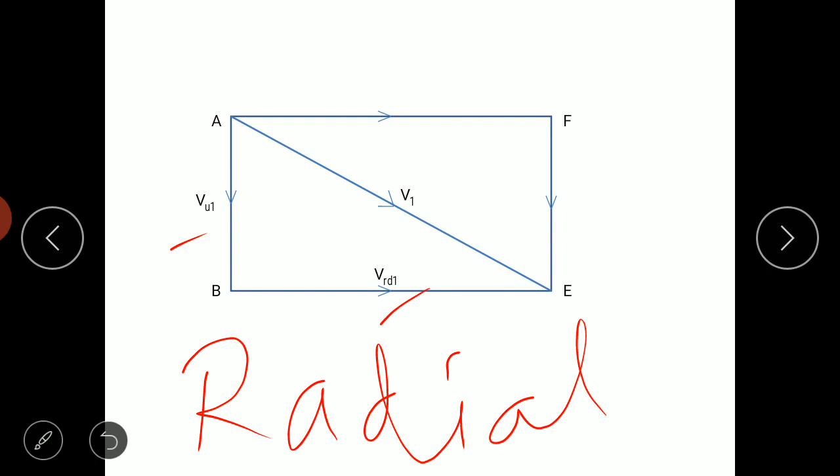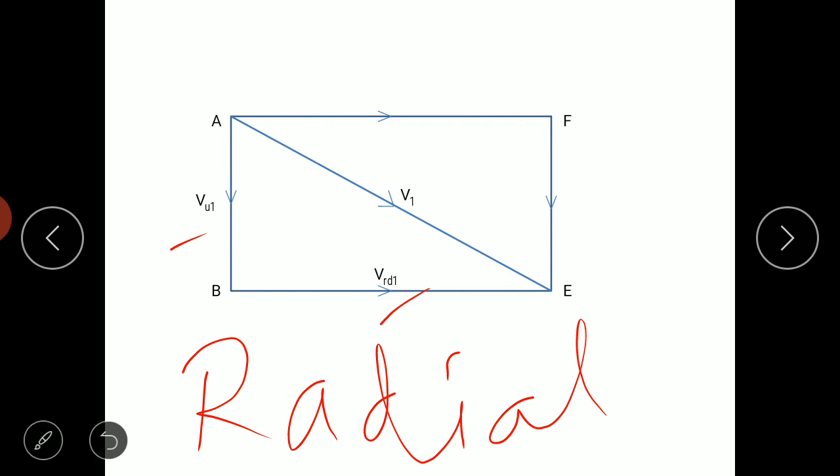So this is a radial flow turbine or radial turbo machine. In a radial turbo machine, Vx1 will be 0. In axial flow turbo machines, there is no radial component. In radial turbo machines, there will not be any axial velocity component. I hope this is clear with this picture.